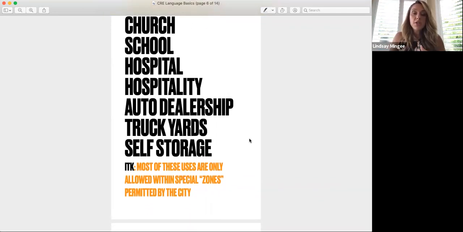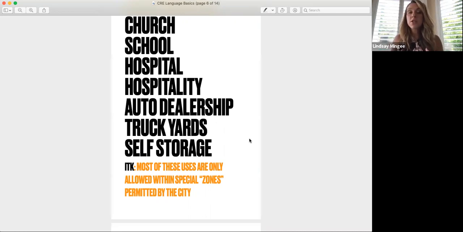When you look at specialty uses, most of these uses are only allowed within special zones that are permitted by the city. So when you talk about city zoning, oftentimes you'll have general commercial zones, right? And within a general commercial zone, I can have an accounting office, or in a general retail zone, I can have a strip center.